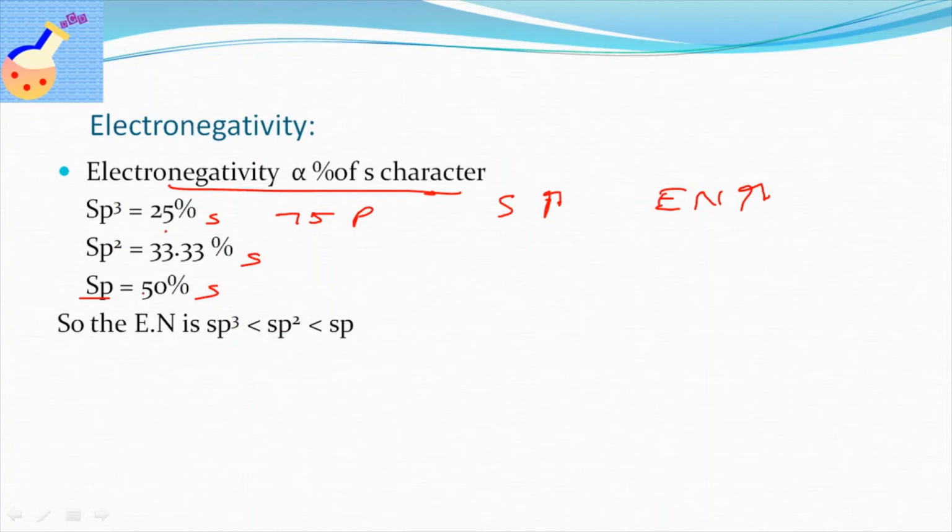So the order of electronegativity is sp is greater than sp2 is greater than sp3. Why? Because it has more S percentage. So that means more acidic. Sorry, more electronegative. So sp is greater than sp2 is greater than sp3.